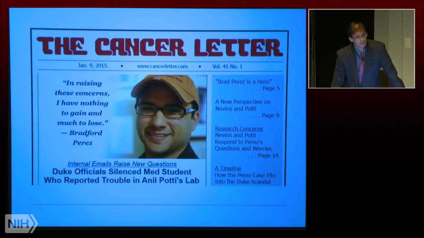This is another case, before we talk about plagiarism, that was just reported last year, where Anil Potti at Duke had done a lot of different data with genetic analysis, and was trying to come up with personalized testing, and this was going to be the wave of the future, how he could figure out from genetic testing who was going to be responding to different agents.